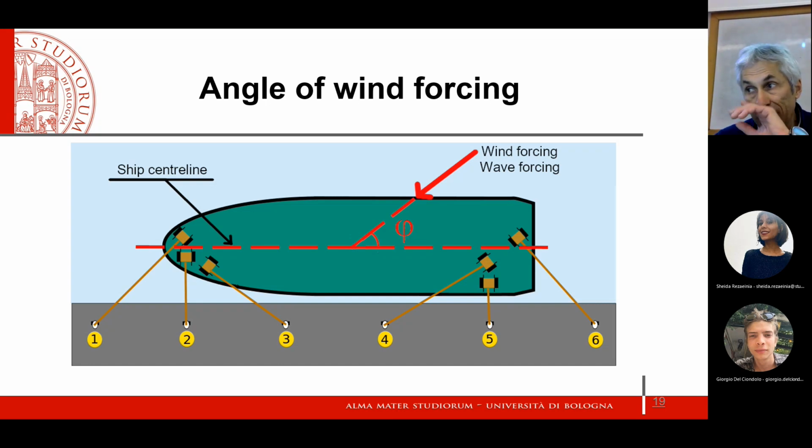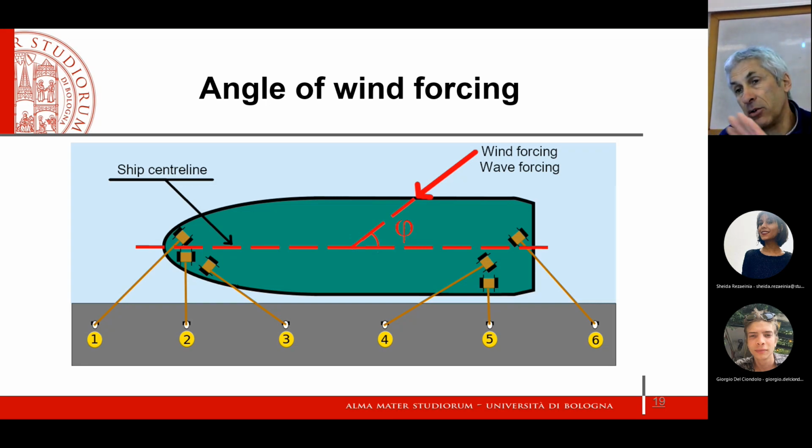And then there is the transversal direction, which is perpendicular to the red dashed line. Here you see how phi is measured. It's the acute angle between the wind direction and the ship center line.